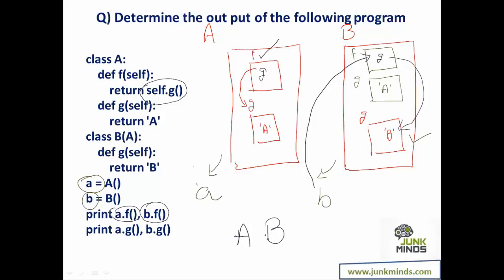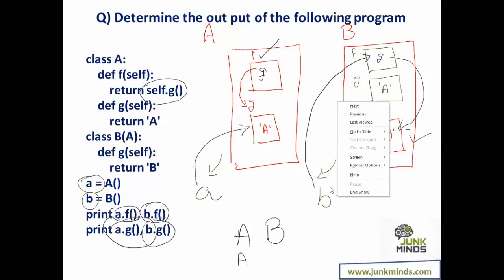ठीक है? Now, third one, a dot g. अब ये जब a जो g को कॉल करेगा, इसके सामने तो एक ही g फंक्शन है, तो वो क्या करेगा? वो यहां पर ये a डिस्प्ले कर देगा. When I write b dot g, तो b क्या करेगा? b के सामने दो g मेथड्स है.